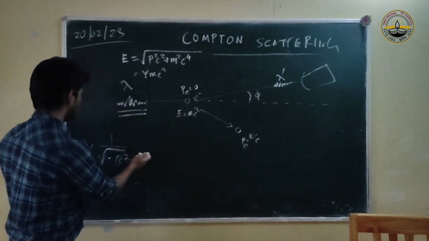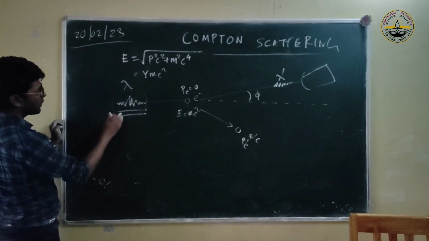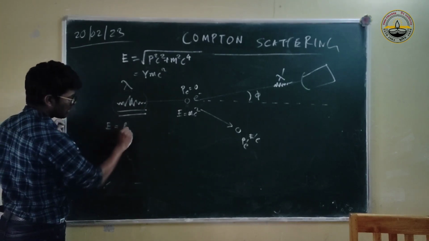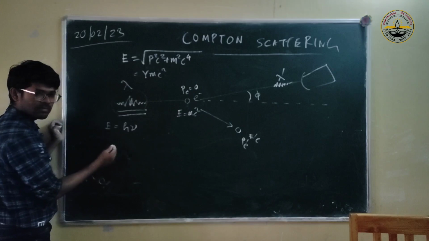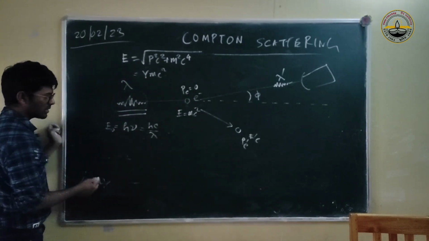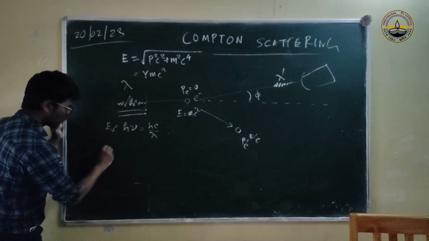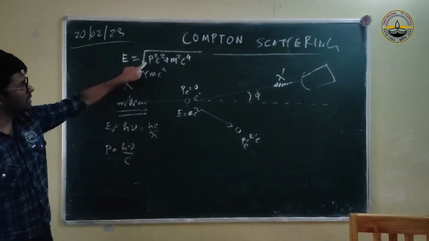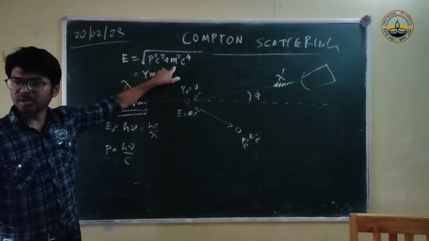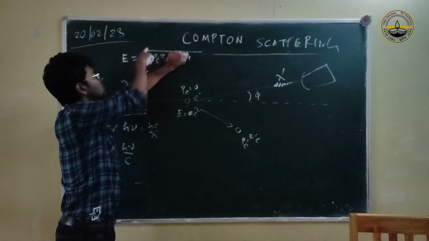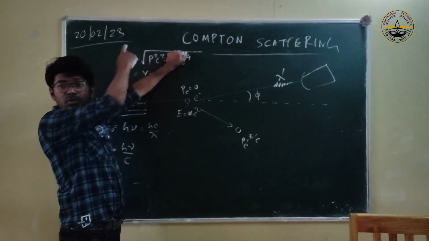Anyway, for the photon initially, the energy will be h nu, or hc by lambda, okay? And its momentum is actually h nu by c. For a photon, the rest mass is always 0. So if you put m equal to 0, then E equals the square root of P squared C squared, so E equals Pc.